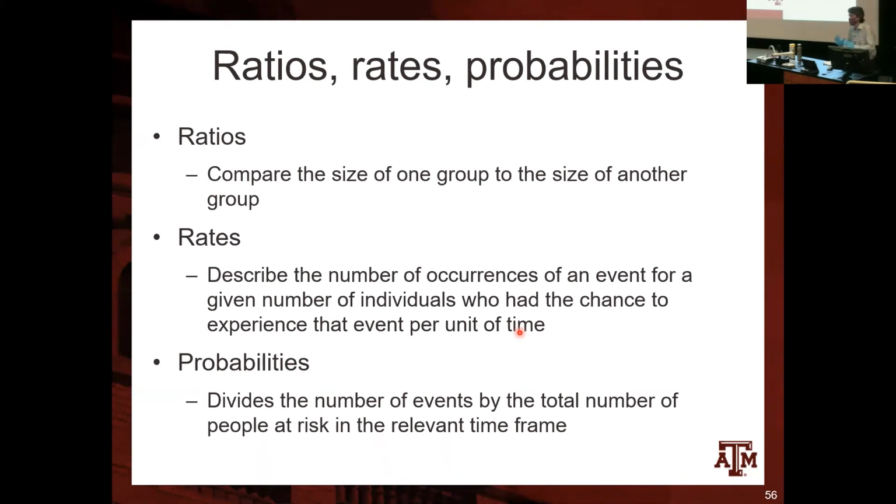The denominator can vary. For the case rate, the denominator was population and the numerator cases. Death rate, deaths divided by population. Fatality rate, deaths divided by cases, because people who were diagnosed with that disease have a chance of dying, a chance of moving to the numerator.